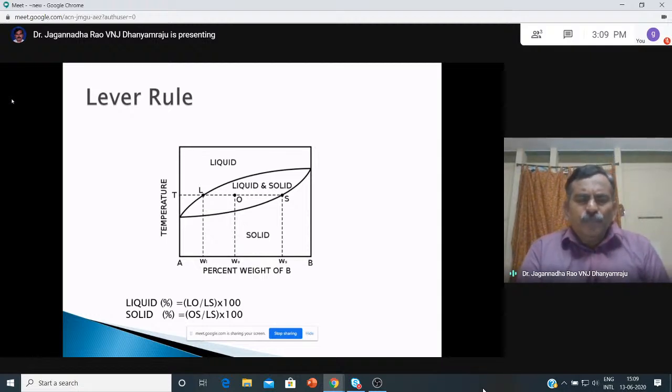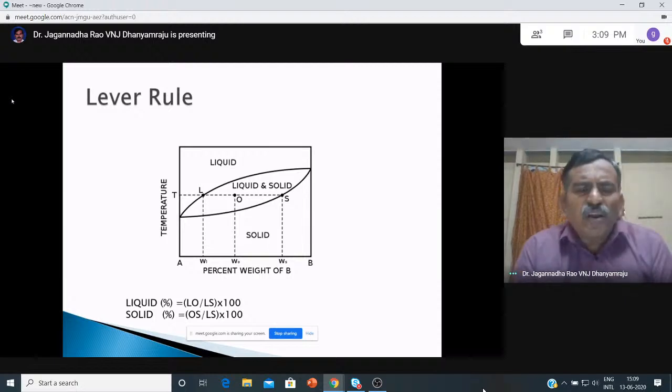So that means the temperature and the composition of alloy will indicate a point O, which is in the loop.